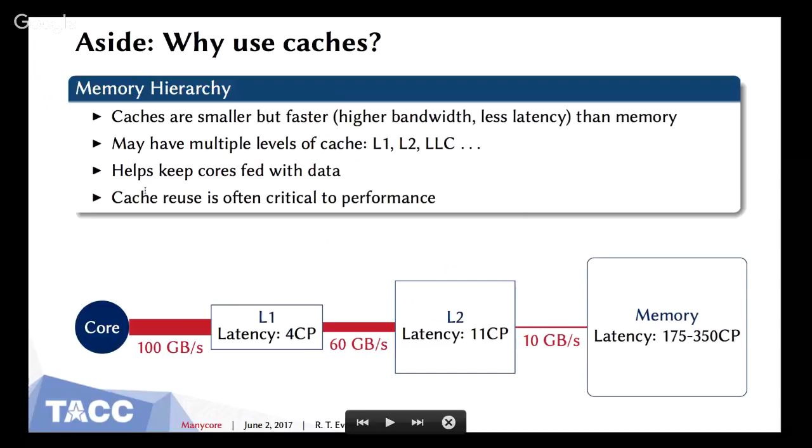L1 is almost never shared, but you'll see in the case today, L2 is actually shared on the chip we're going to talk about. And memory, of course, is shared among all the cores. Since I have this shared resource, there has to be some energy, some power, some resources on the chip dedicated to keeping this all consistent.